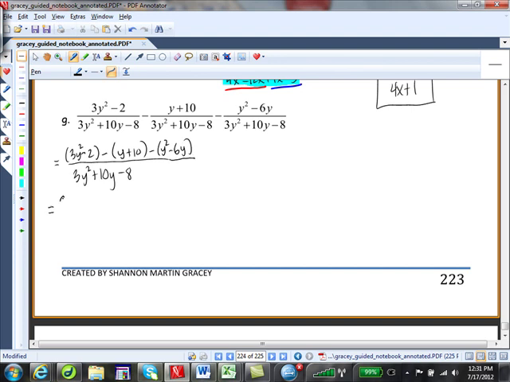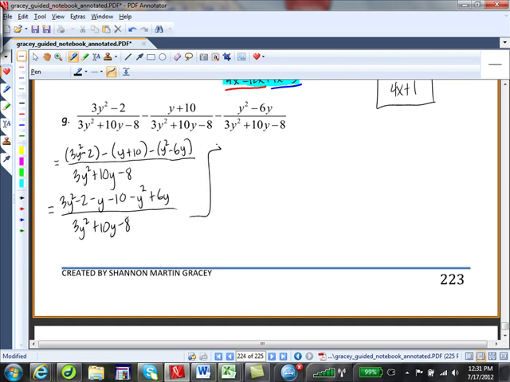So we will get 3y squared minus 2 minus y minus 10. So I'm distributing that minus through, minus y squared plus 6y, all over 3y squared plus 10y minus 8.